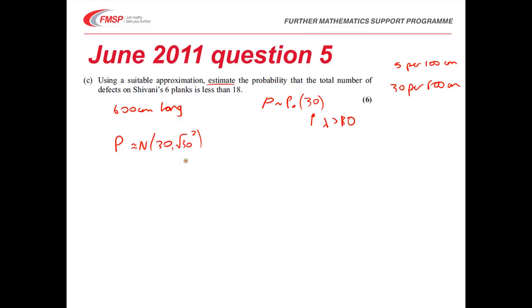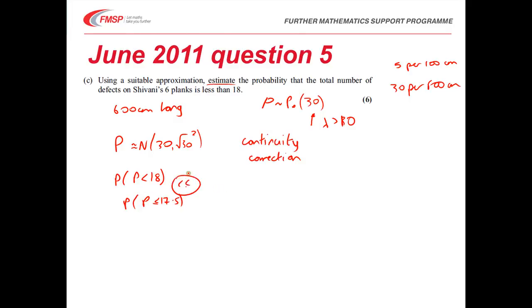Okay, so you then need to realize again that we've got some issues to deal with. So I want the probability that my plank length is less than 18. So because I'm going from a discrete to a continuous distribution, I need to factor in the continuity correction here. So P less than 18 is really P less than or equal to 17.5.